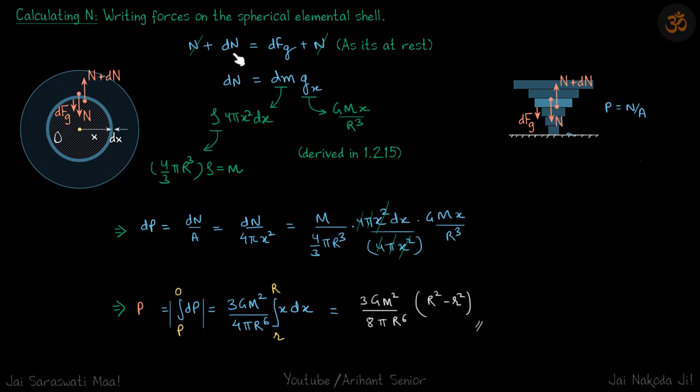Vectorially dN and dFg are in opposite directions, so dN is up and dFg is down, so there should be a minus sign here. But because P is scalar, we are not bothering about that, and at the end we'll just put a mod here. So limits of P is from P to 0 and limits of x will be from small r to capital R. And that's how we get our answer. All right.